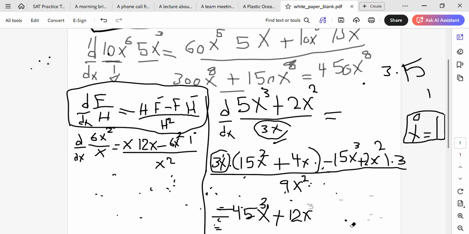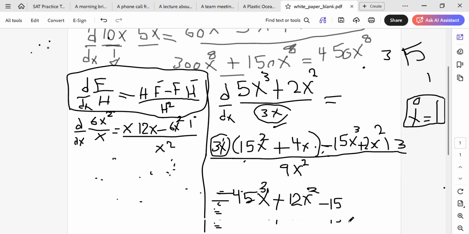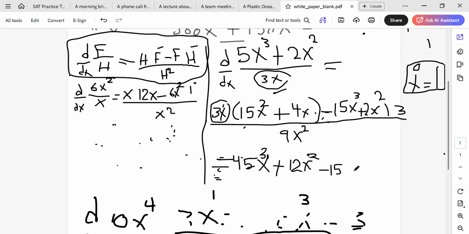Let me clean this side. So 3 times 4 that's 12x squared, minus. I have 3 also that should be multiplied in all parts, and don't forget this minus for all sides. So 3 times 5 is 15, and I already have x raised to the power 3, so I just write it as is.